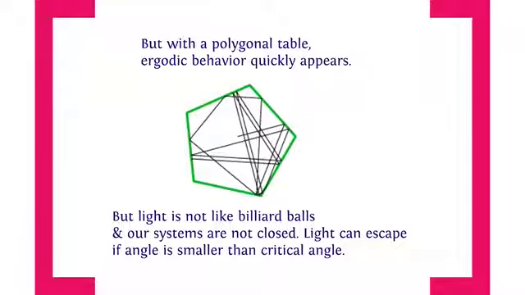Critical angle means if I make this 90 degrees, that's the largest it can go. It cannot go more than 90 degrees, right? Actually, it's the opposite, my mistake, because critical angle means it's going from here to here, from high index to low index, right?